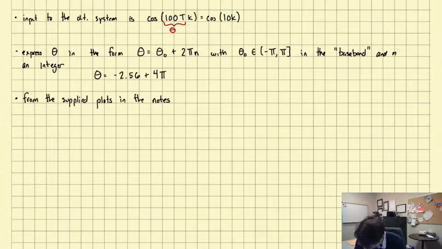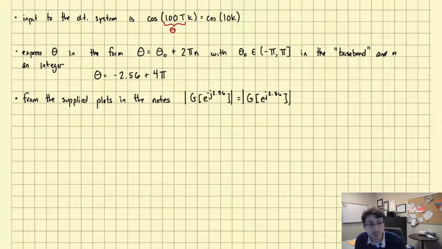We get that the magnitude of G(e^(j)) at the baseband value, 2.56, equals, because this is an even function, that number, so it doesn't matter if I have a negative or positive on the magnitude side. From the figure I get approximately 0.22, eyeballing it off the figure.